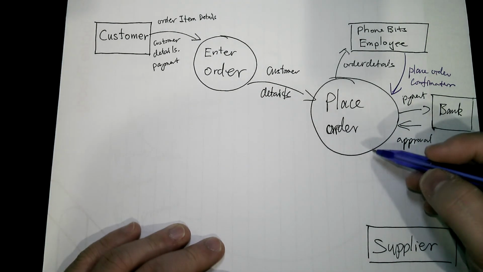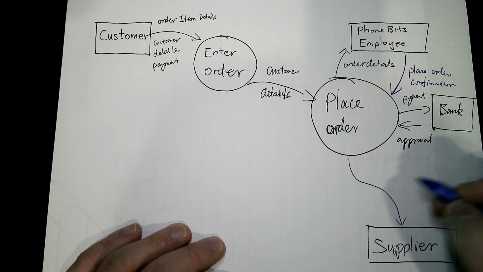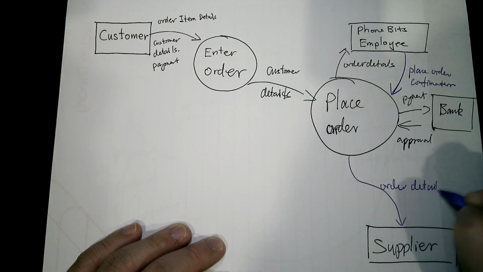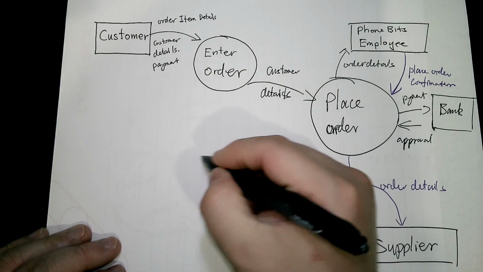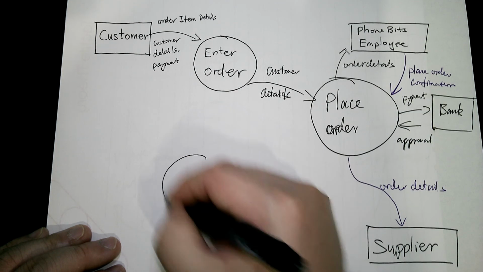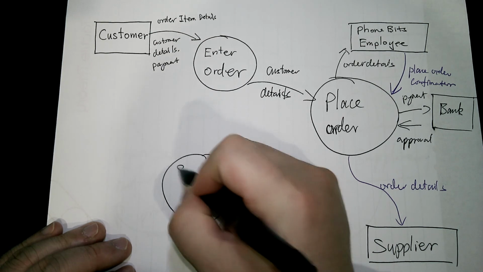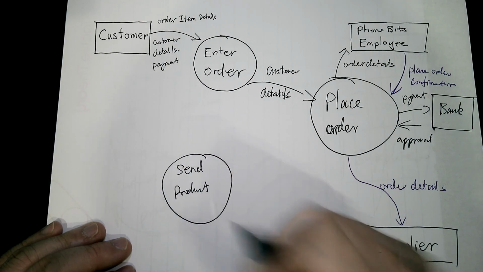So once you place the order, the order details go to the supplier. Then I need another process, which is finalize order or send product, for example.